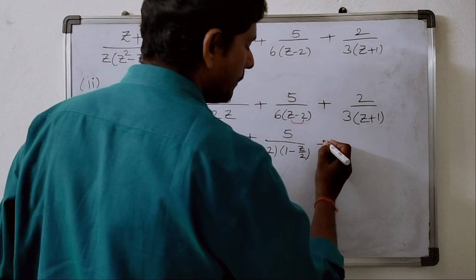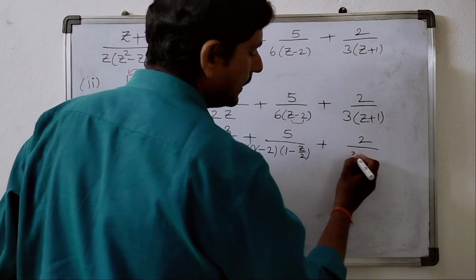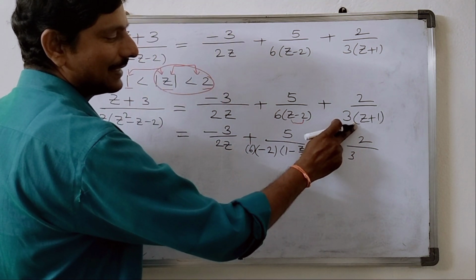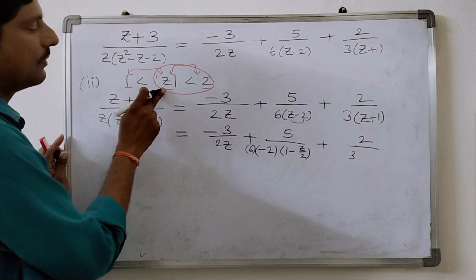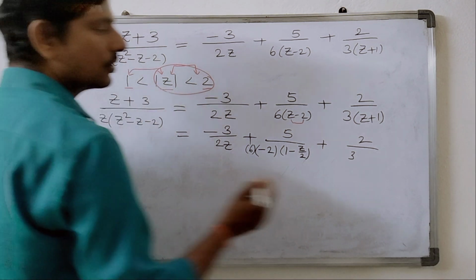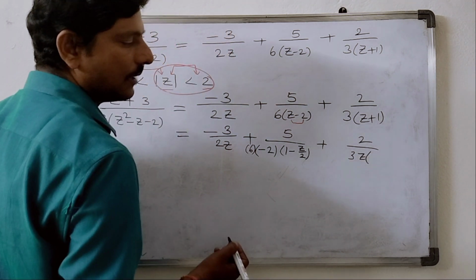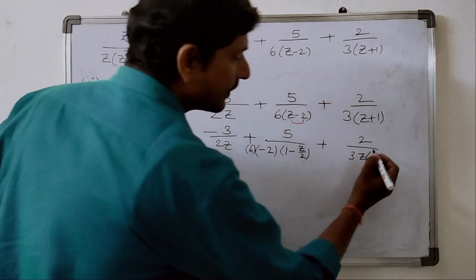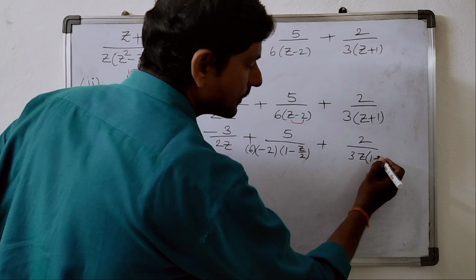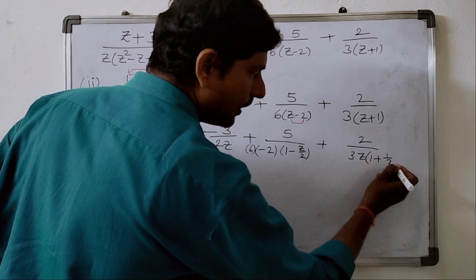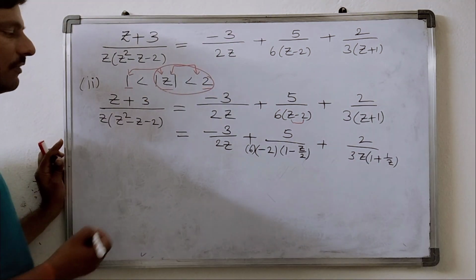Plus 2/3 of, here z is clearly greater, because 1 is less than z, that means z is greater than 1. So we have to take common z, the greater one. Taking common z gives 1 plus 1/z. This step is very important.